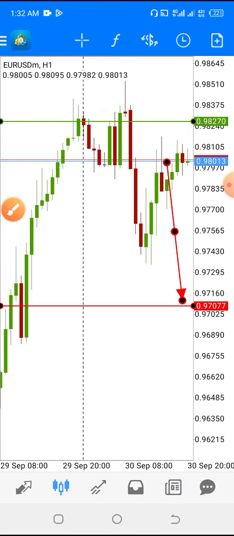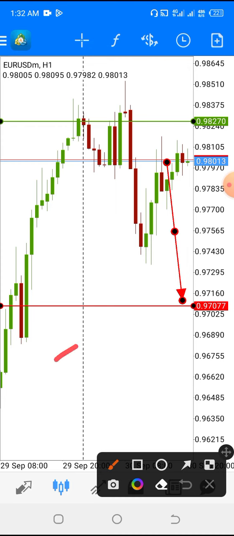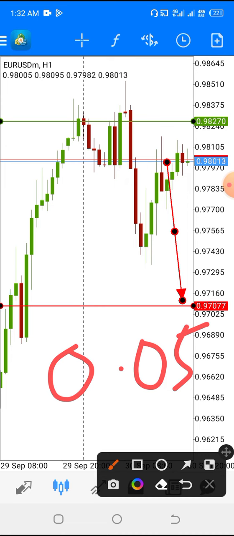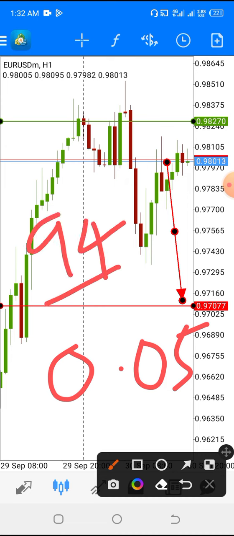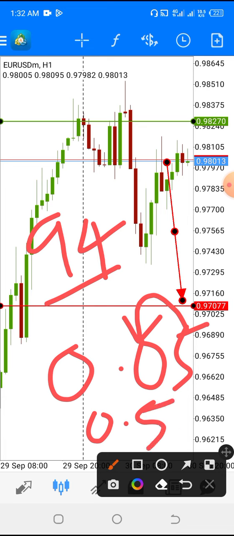Now let's go to the next example. We are using only this example. Let's say you're using a lot of 0.05. It's the same thing, guys, and you're targeting 94 pips. If you want to know the amount of money in 94 pips, you move this 5 by one decimal place. It becomes 0.5. I'm teaching you the easiest way that no one knows.